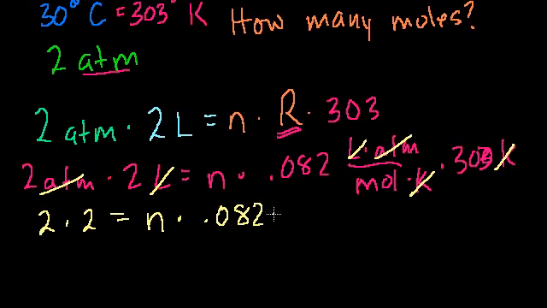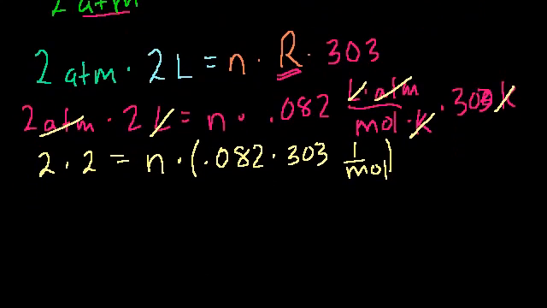And so we have 2 times 2 is equal to n times 0.082 times 303, and then we have just a 1 over mole. So to solve for n, or the number of moles, we divide both sides of this equation by all of this stuff, right?